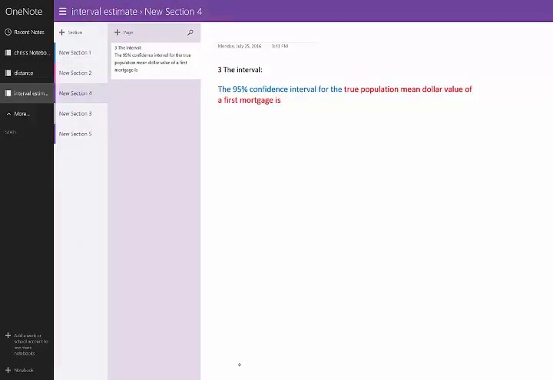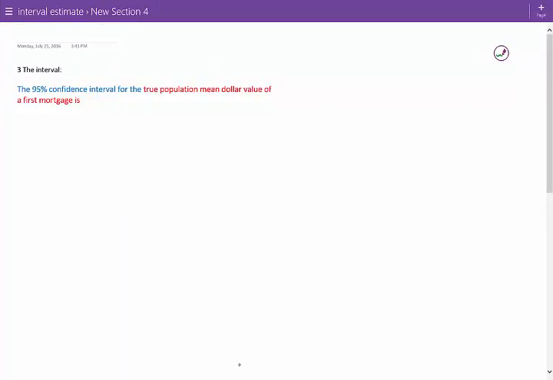Okay, now the easiest way to write the interval, I think, is to put the mean in the middle, put your upper boundary, and our upper boundary was 674,000. And our lower boundary was 576,000.